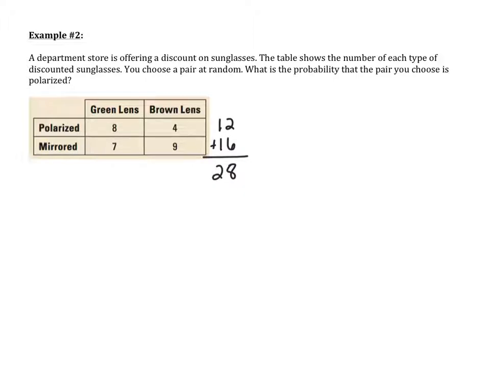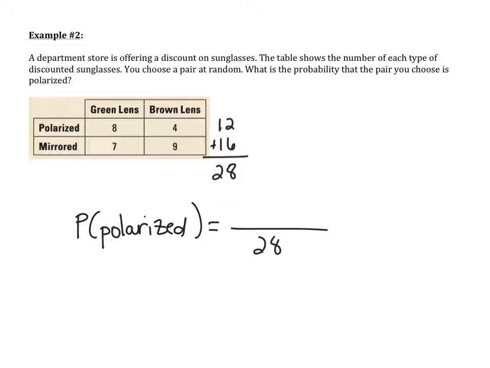So our question is, what is the probability that the pair you chose is polarized? So we would write that as the probability that the pair that we choose is polarized is equal to, we're going to do favorable outcomes over total outcomes. So we know the total outcomes is 28, and our favorable outcomes are the polarized. The polarized were the 12. So we would put 12 over 28.